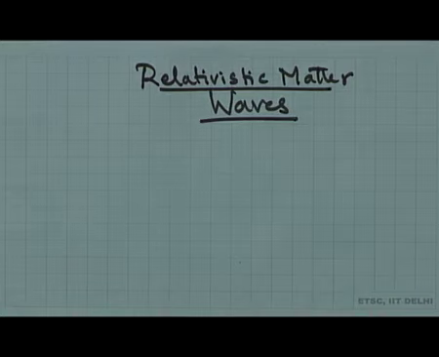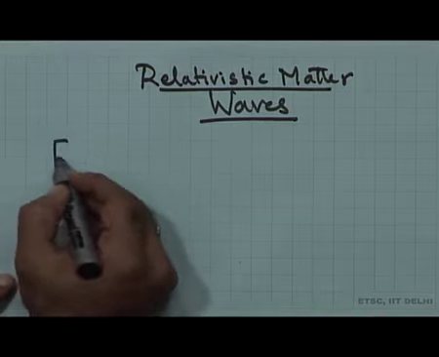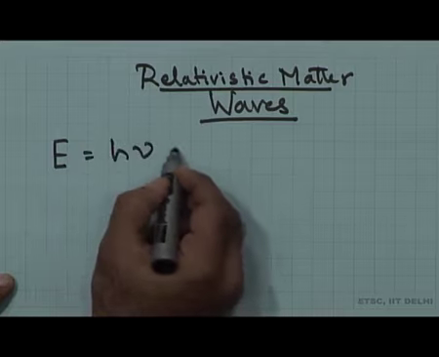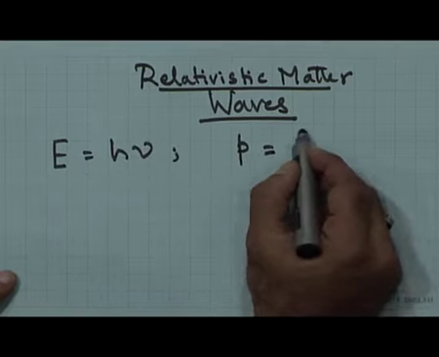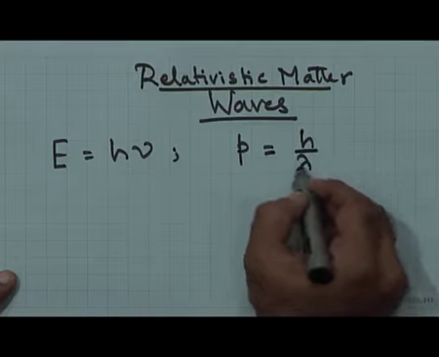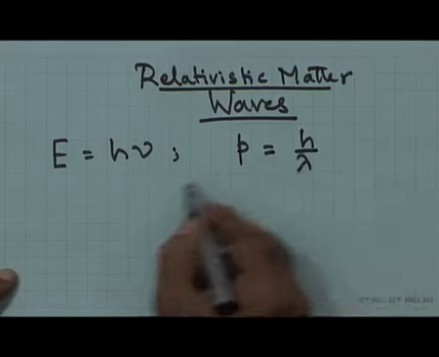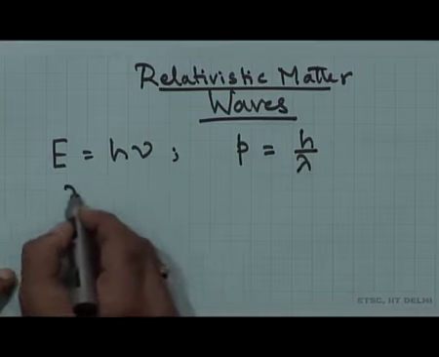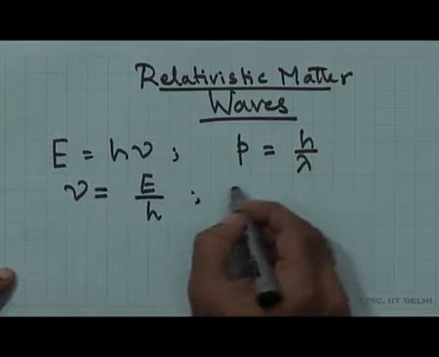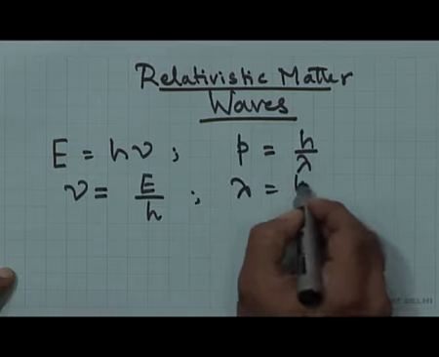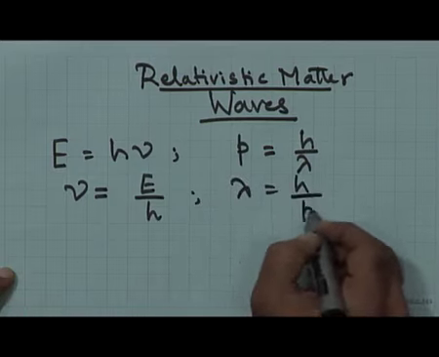My fundamental relations are still intact. E equal to h nu, p equal to h by lambda. That is what I have. Maybe again I should write nu equal to E by h, lambda equal to h by p.